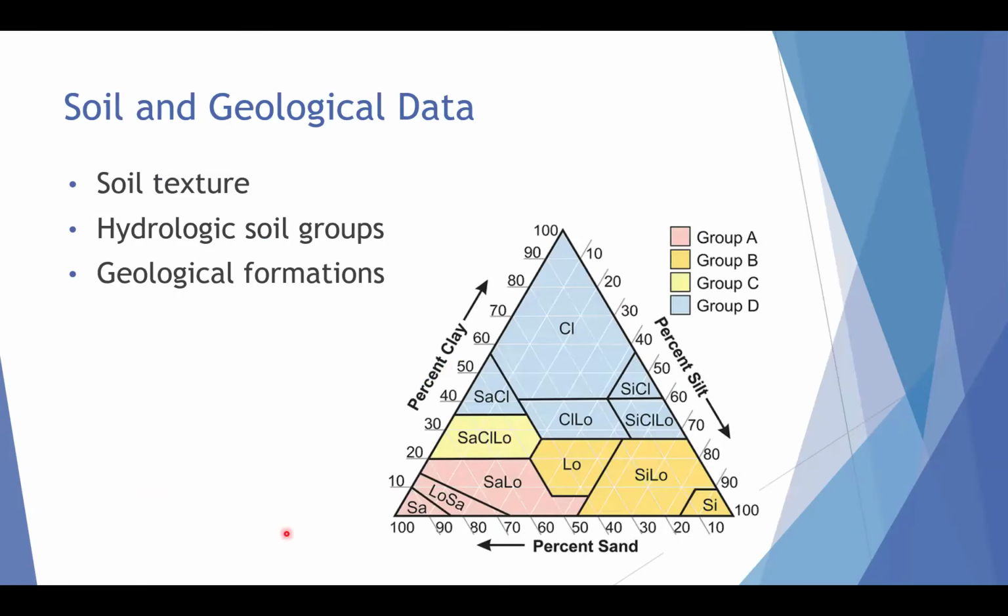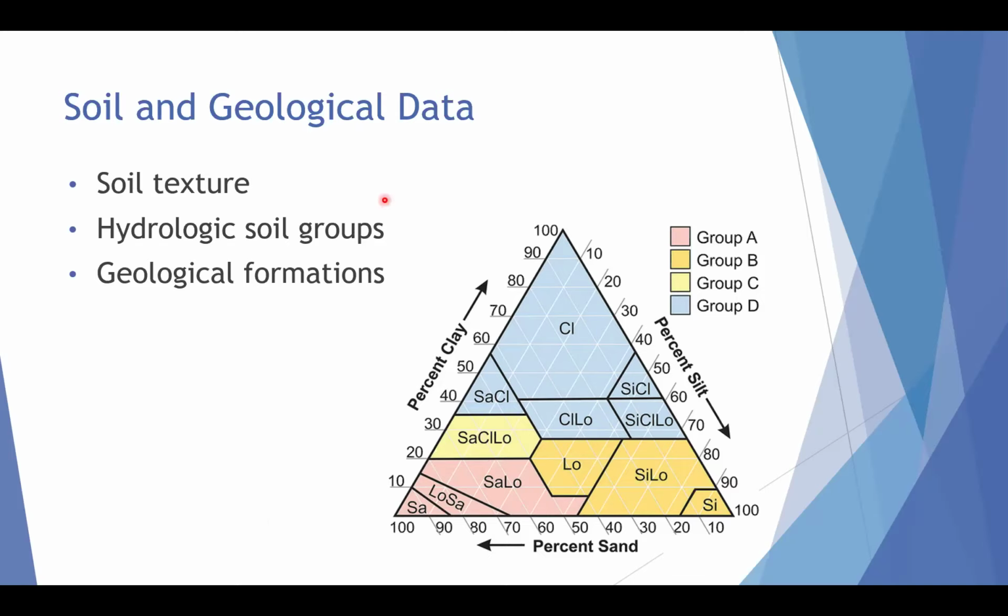Next one is soil and geology data. Those who have already worked in the water resources field know that we look for soil textural classification, because your infiltration rates are purely dependent on the sand, silt, clay percentage, that is, how much sand, silt and clay is present in the soil composition.